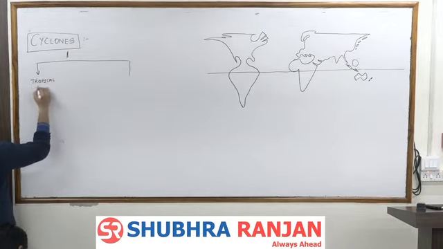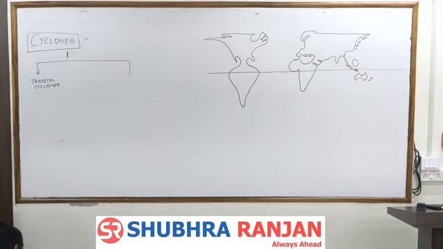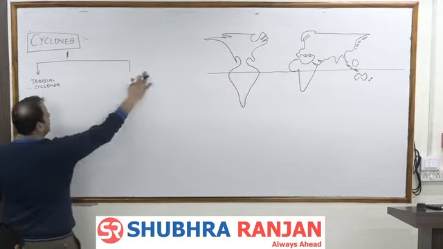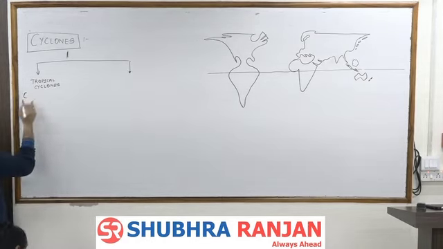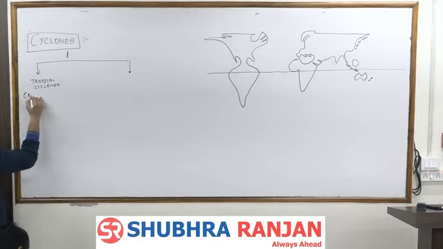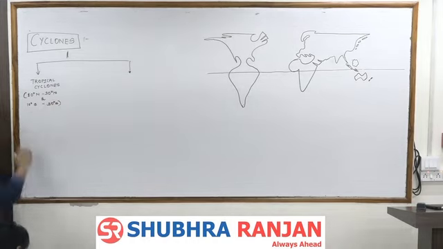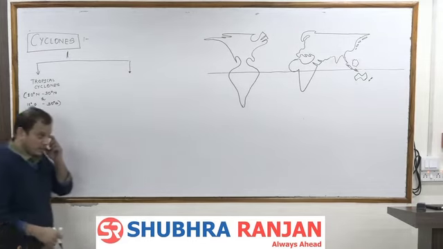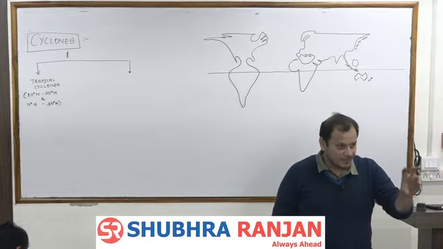Tropical cyclones, which originate between 10 degree north to 30 degree north and 10 degrees south to 30 degrees south. Don't write in the exam 10 to 30 degrees north and south. तो इक्वेटर भी आ जाएगा उसमें.